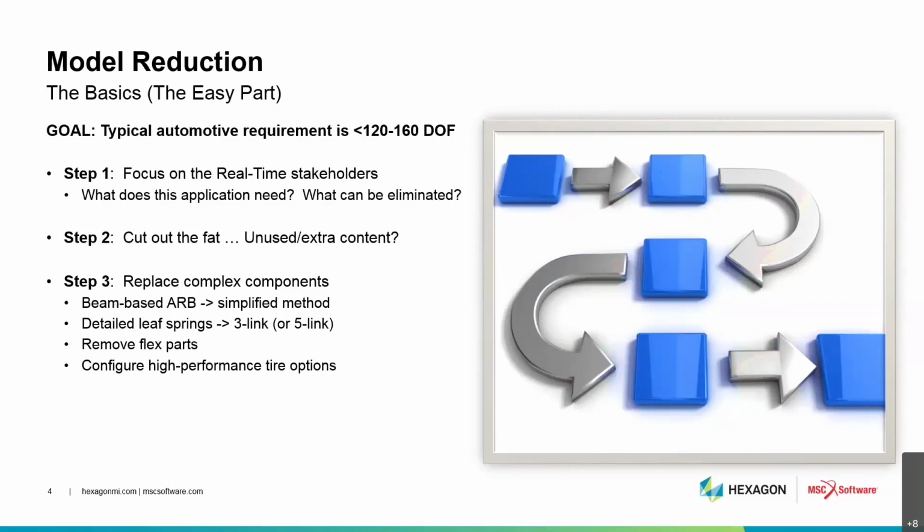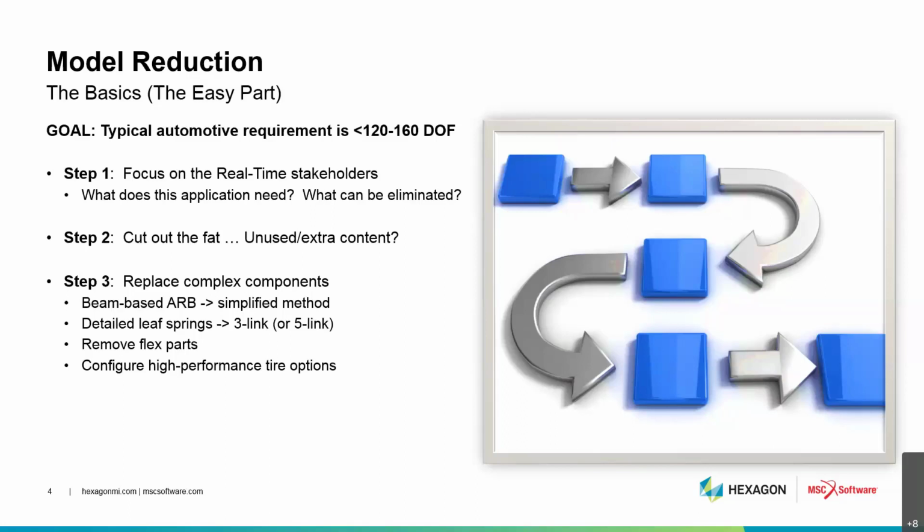And so there might be model content that was put in for the durability group or put in for the ride group. And maybe those guys aren't going to be involved in the real-time process, and you can cut out some of that content just based on the stakeholders involved.